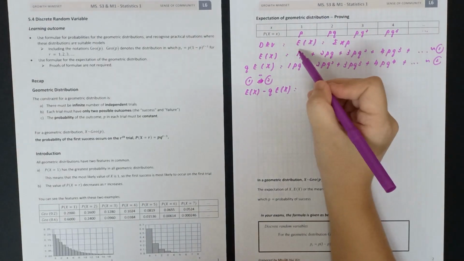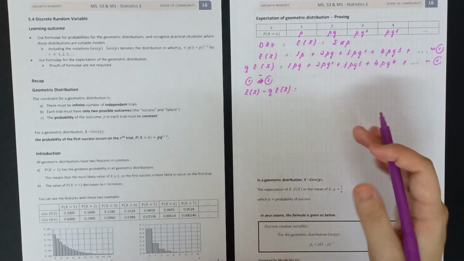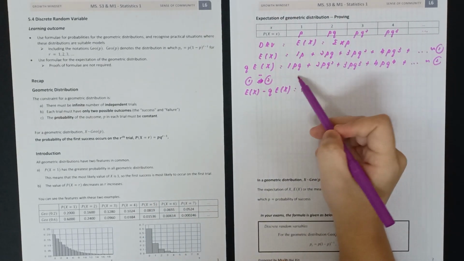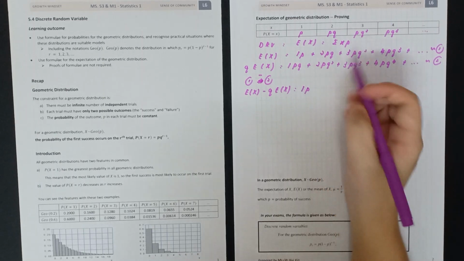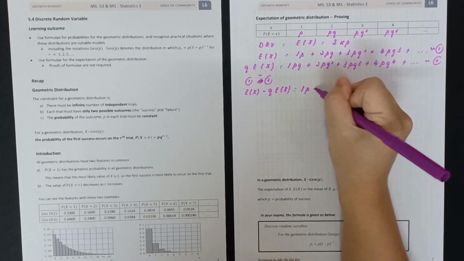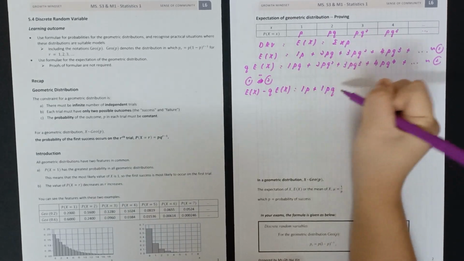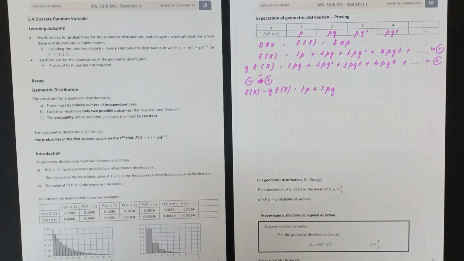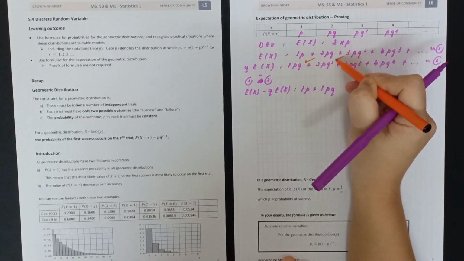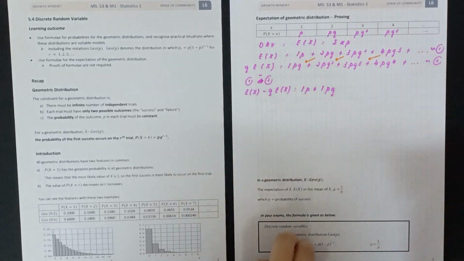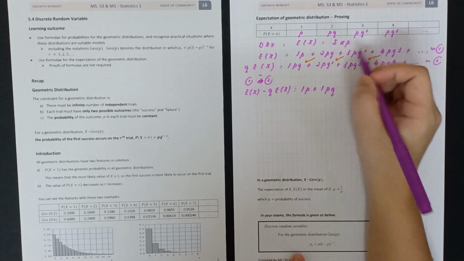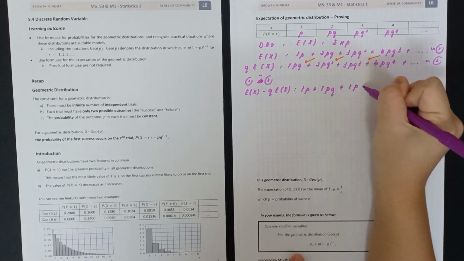Then what do I have? 1p, I do not have anything to subtract. Then 2pq minus 1pq gives me 1pq. Then 3pq squared minus 2pq squared gives me 1pq squared.